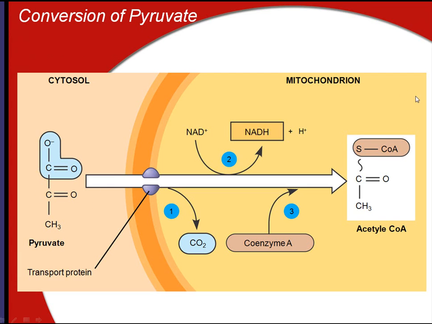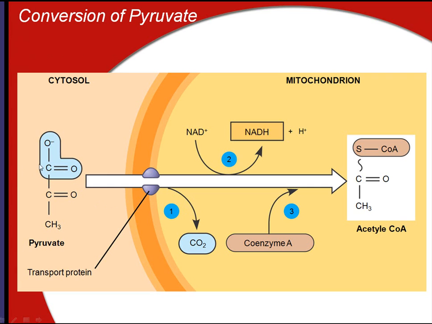We have oxygen inside saying, bring me those hydrogens and electrons into the mitochondrion, into this matrix. Well, in order for that to happen, pyruvate must go across both of these membranes. As it goes across the membrane, we are going to see a carbon dioxide being released.